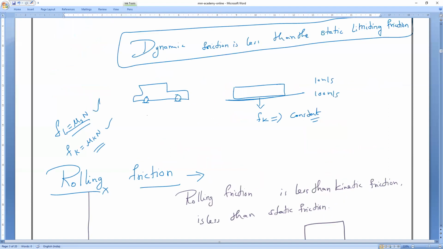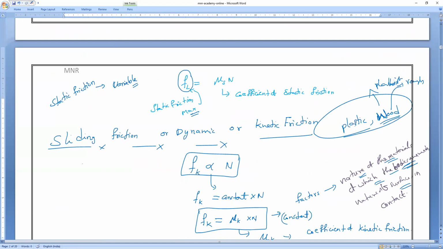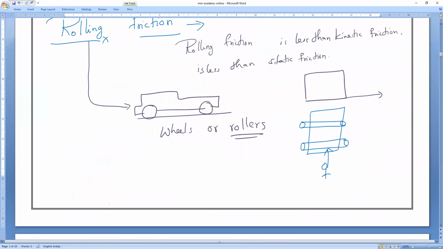Dragging means sliding friction. Which is easy, sliding, or rolling with rollers and wheels? Wheels. That is what is called rolling friction. I hope everybody is clear.